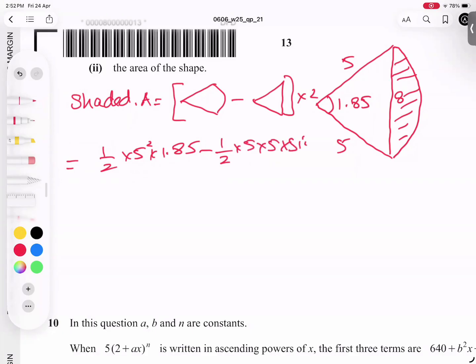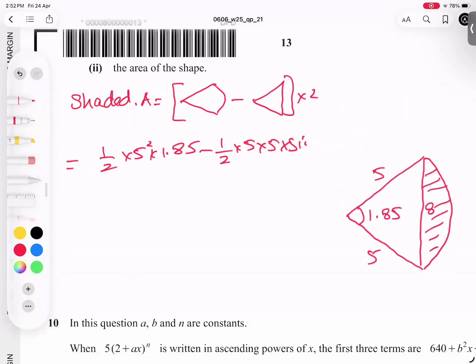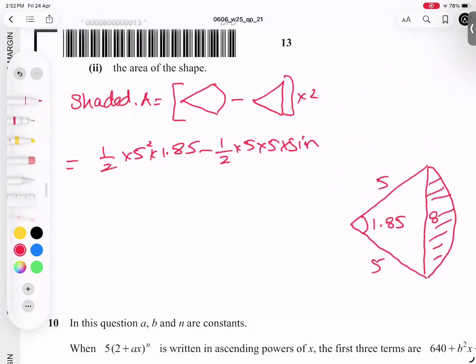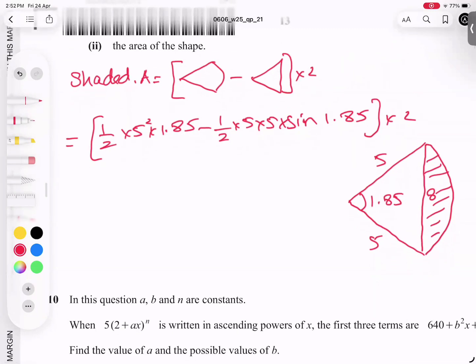And theta, okay, wait a minute, this diagram is disturbing. Sine theta, and theta is 1.85. I'm going to find it and then multiply by 2. Okay, this whole thing multiplied by 2. So I'm going to finalize it. Half into 1 over 2 into 25 into 1.85 minus 1 over 2 into 25 into sine of 1.85.